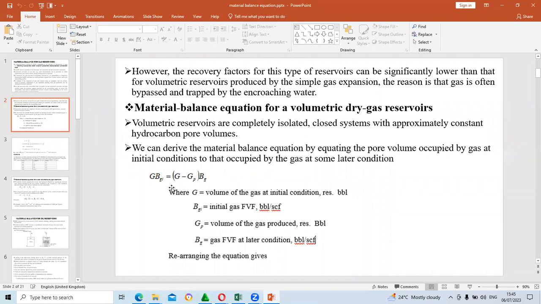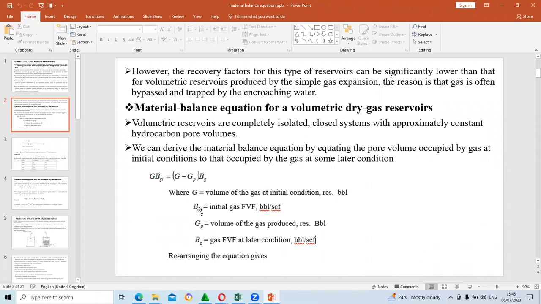If we are talking about the same concept that I explained, then you realize that at the beginning, the formation volume factor, I believe we have talked so much about the formation volume factor. This is just talking about the change in the volume of hydrocarbon as you're moving from a high pressure zone to a low pressure zone. We know that definitely when pressure is relieved on a material, the material expands.